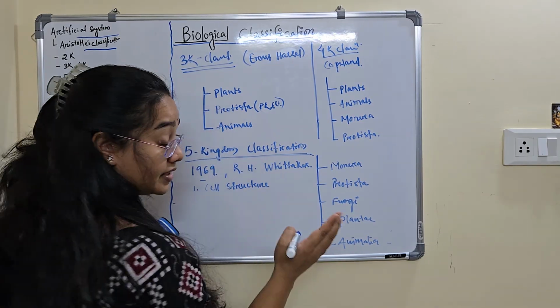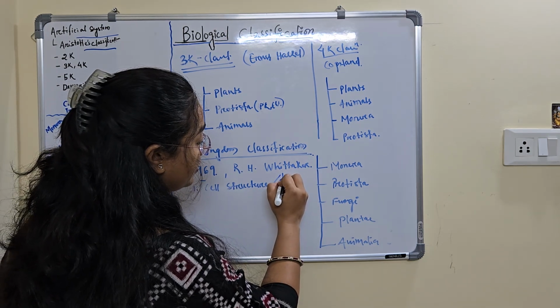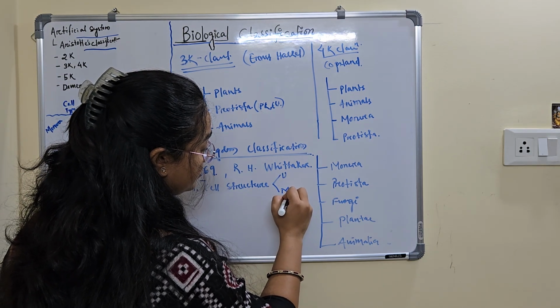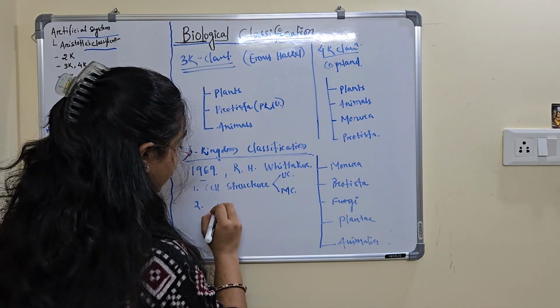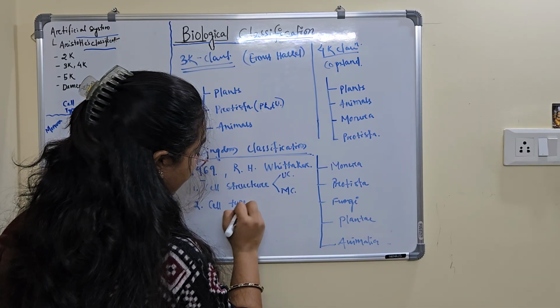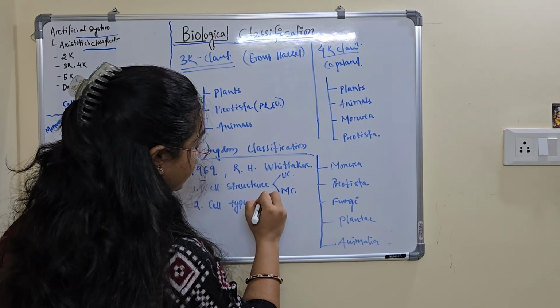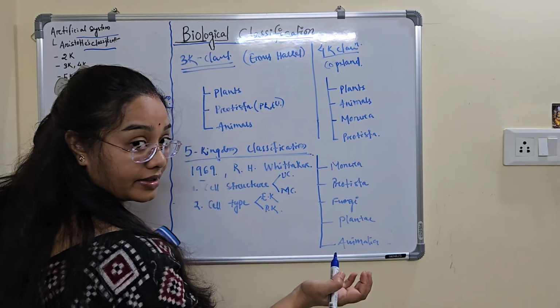Okay, so what he took into consideration before classifying all these groups, the first one is cell structure, whether the cell is unicellular or multicellular. Then the cell type, that is eukaryotic or prokaryotic, right?